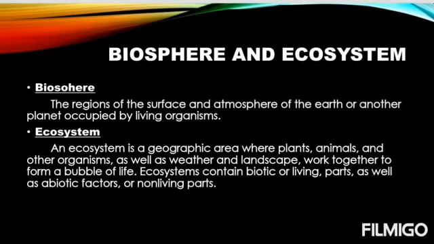An ecosystem is a geographic area where plants, animals and other organisms as well as weather and landscapes work together to form a bubble of life. Ecosystem contains biotic or living parts as well as abiotic factors or non-living parts.